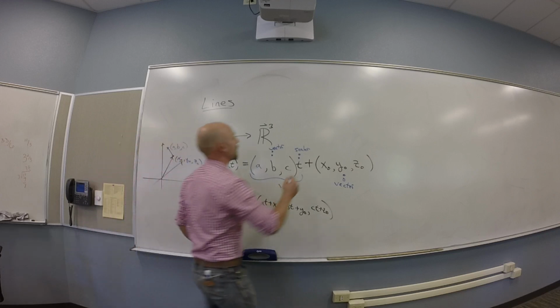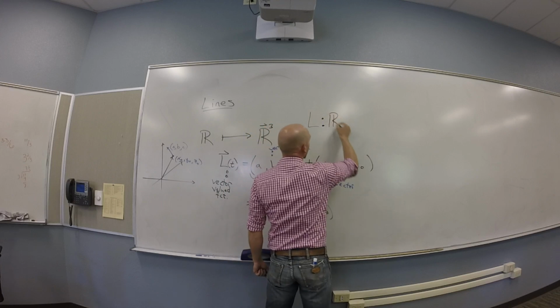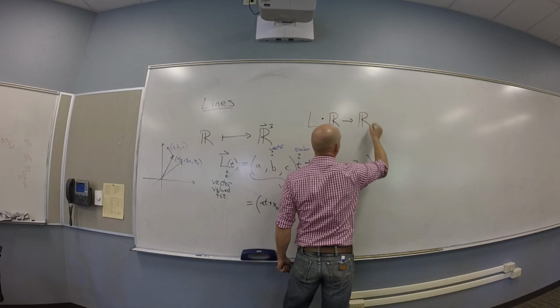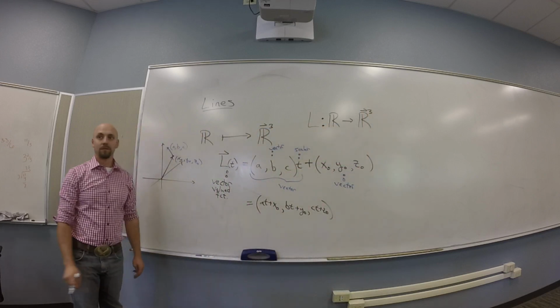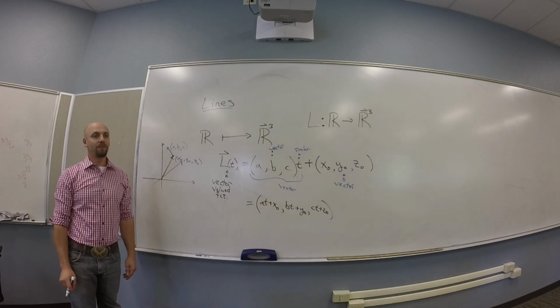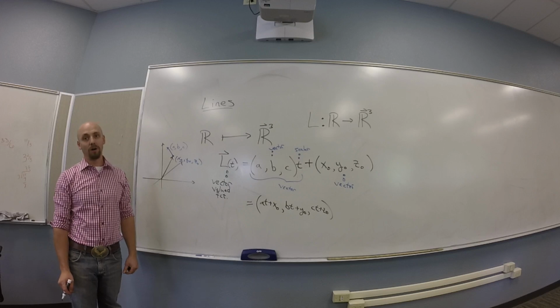Personally, what I would write is this. I would write L maps R to R3 as a vector space. But if I wanted to say that to someone, I would say L is a vector valued function. I might even say L is a vector valued function of one variable.